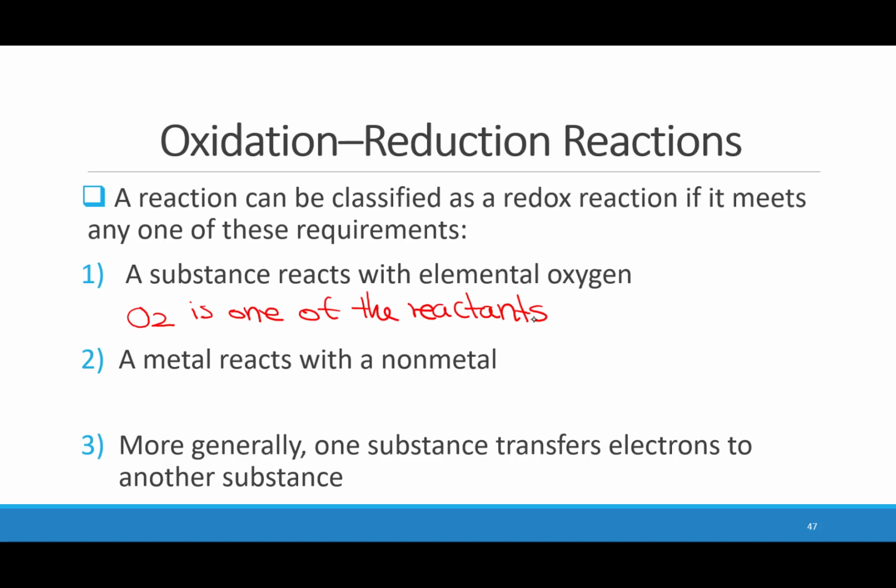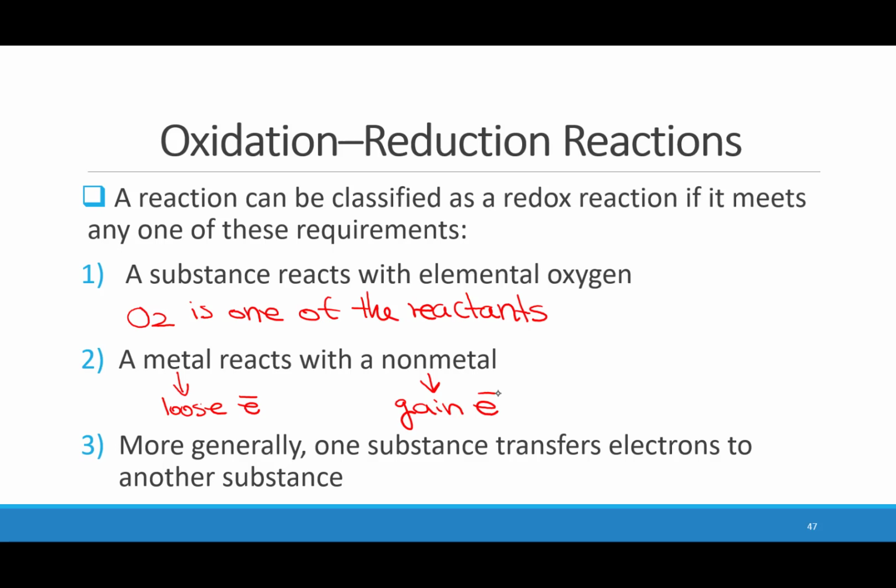When you have a metal reacting with a non-metal, that's a redox reaction. Why? Because metals like to lose electrons, non-metals like to gain electrons. When metals lose the electron, they become oxidized. Non-metals gain the electron, they become reduced.